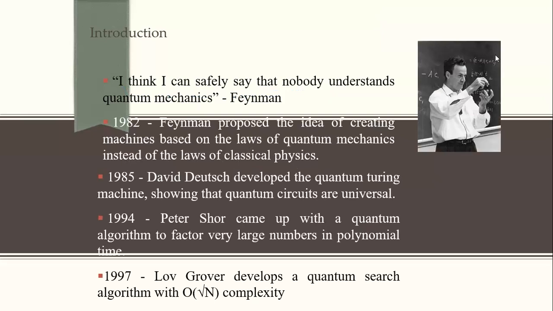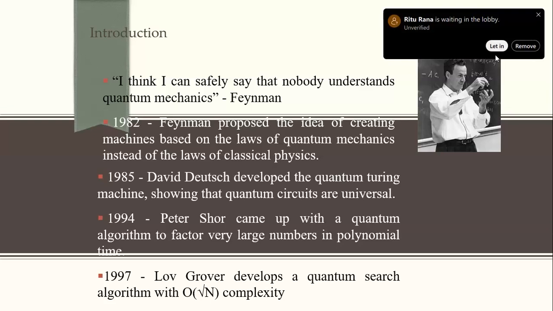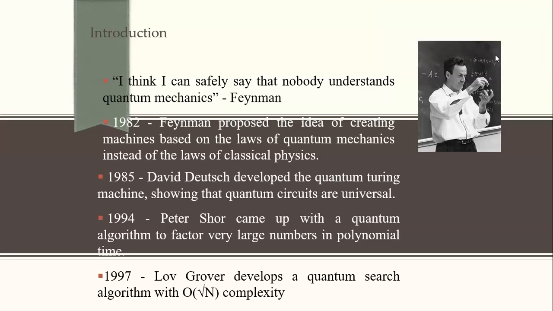This is the history by Feynman. I think I can safely say that nobody understands quantum mechanics, said Feynman. In 1982, Feynman proposed the idea of creating machines based on the laws of quantum mechanics instead of the laws of classical physics. Later, in 1985, David Deutsch developed the quantum Turing machine, showing that quantum circuits are universal.